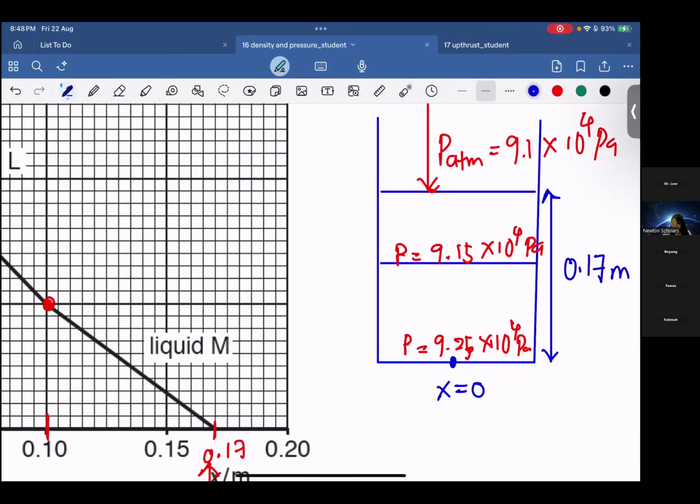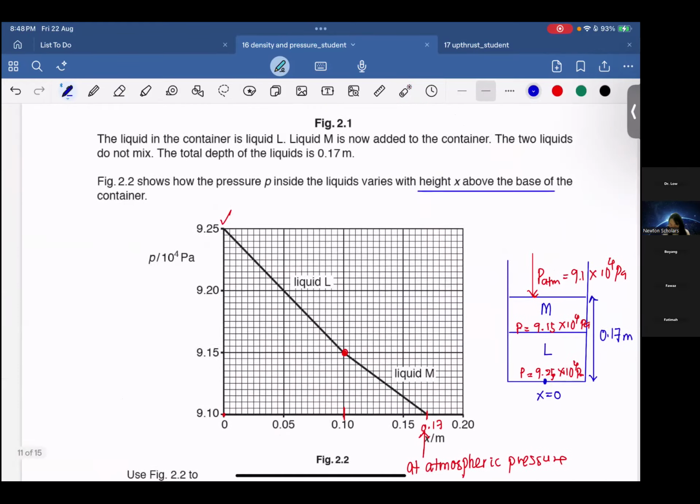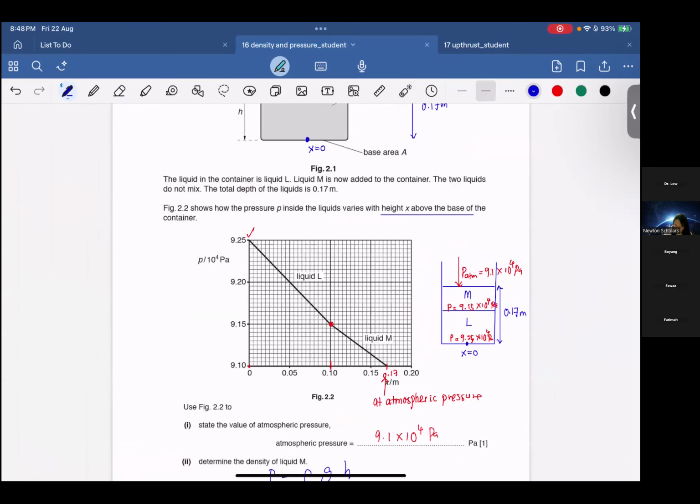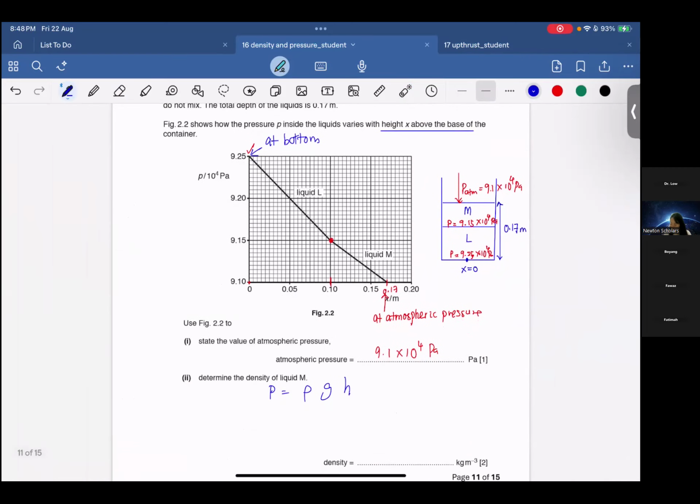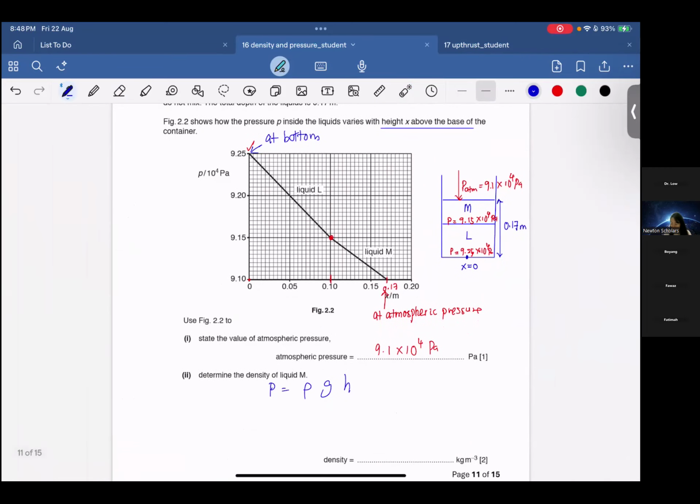Today I'm so blur. Okay, thank you. My mistake. L is at the bottom. At bottom, that's why higher pressure. I'm so shy. Sorry. Yes, L is at the bottom.